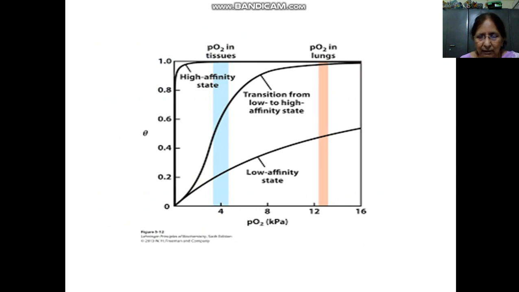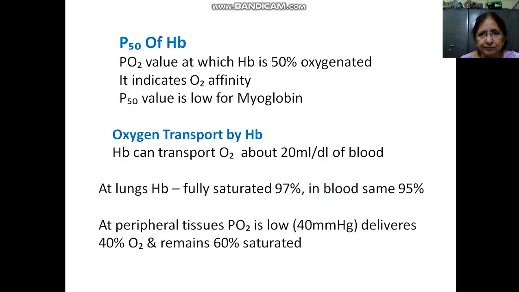You see the oxygen dissociation curves: the low affinity state, the transition from low to high affinity state, that is for hemoglobin, and the third one is for the high affinity state, that is for myoglobin, which has a higher affinity for oxygen than hemoglobin. What is P50 of hemoglobin?